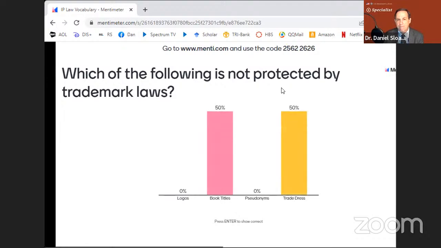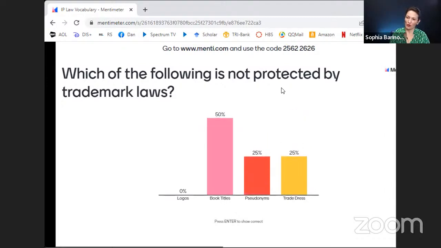Okay, so Daniel, am I too fast to ask whether trade dress is a fictional word or expression, or a legal term? I've never heard of it, but I'm honestly not a specialist. Trade dress?